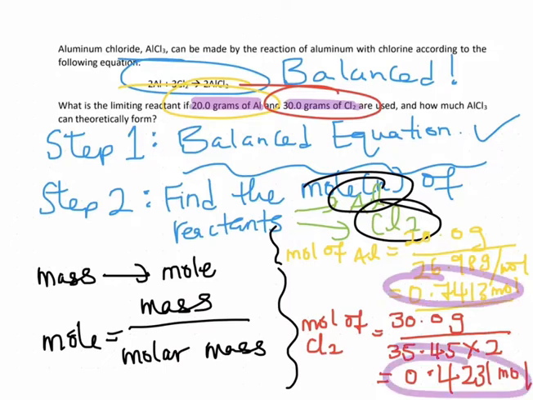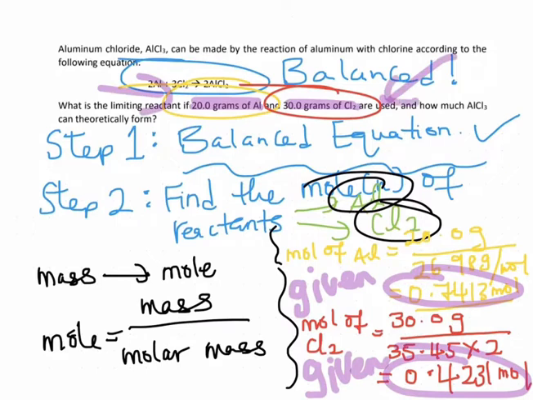Okay, so both of these moles here, this is what we call the given mole. Okay, why is it given? Because these are the masses that are provided to you, that you have in hand when you try to do this experiment.